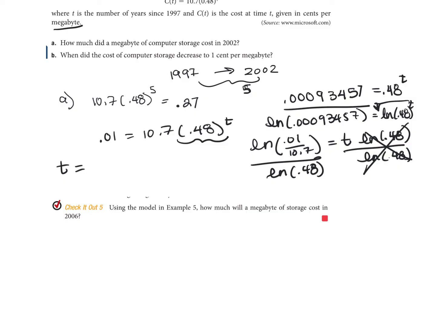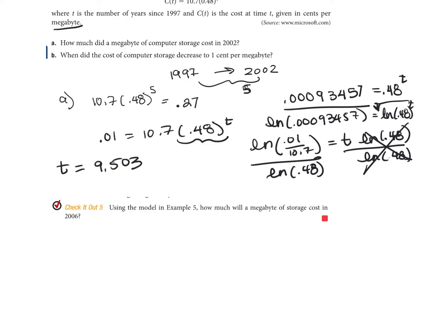Let's do that one more time. So we have the natural log of 0.01 divided by 10.7, and that whole thing, natural log, divided by 0.48. And I get 9.503. Right.